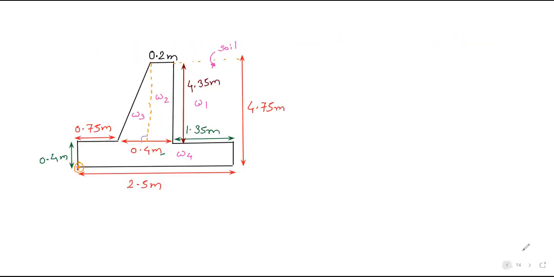Maximum lateral pressure. I have given you the formula of this. What is the formula for maximum lateral pressure?